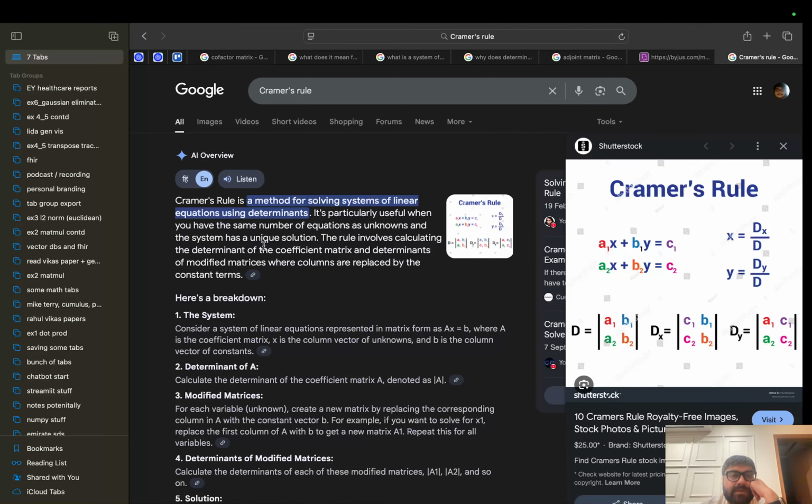It's pretty useful when you have the same number of equations as unknowns and the system has a unique solution. The rule involves calculating the determinant of the coefficient matrix. Oh, so these are determinants, that makes sense. And determinants of modified matrices where columns are replaced by the constant terms.